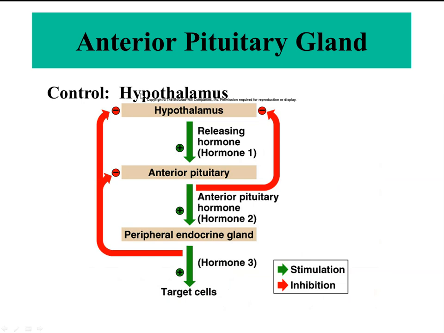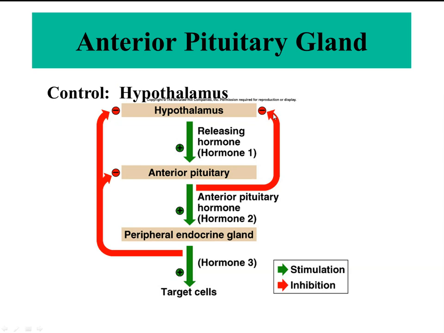Okay, the control for the anterior pituitary gland is by the hypothalamus, and again, this is just a little different graphic, where the hormone that is released by the hypothalamus can be for stimulation, or it can be for inhibition, to stimulate or not to stimulate the anterior pituitary to produce a hormone for the target cell, either a peripheral endocrine gland or directly to other target cells, and again carried by the bloodstream.